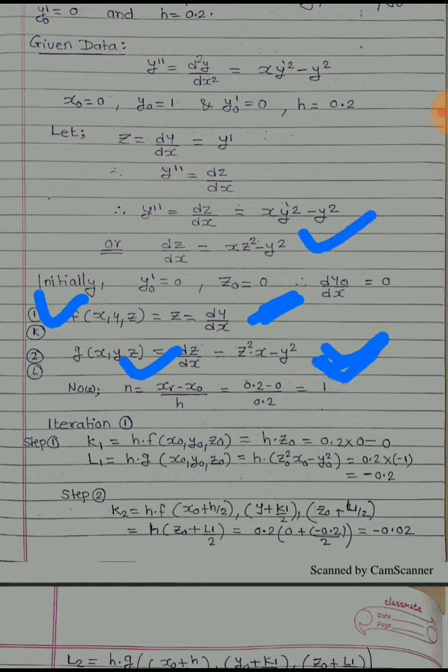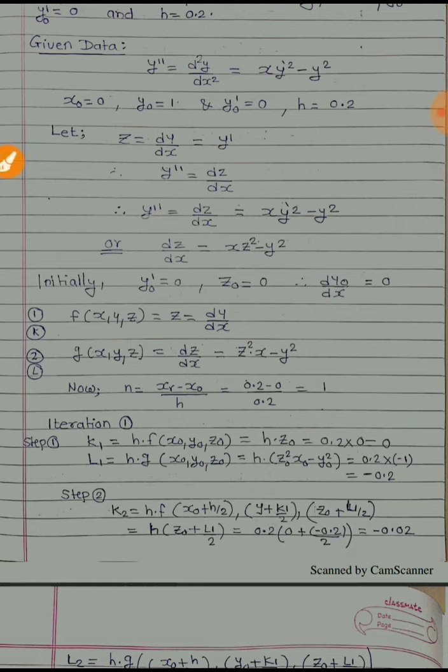This is nothing but the same equation I have written. See, dz by dx, z term is taken earlier, z square x minus y square. So this is just the representation, to represent this as a function of f x, y and z.